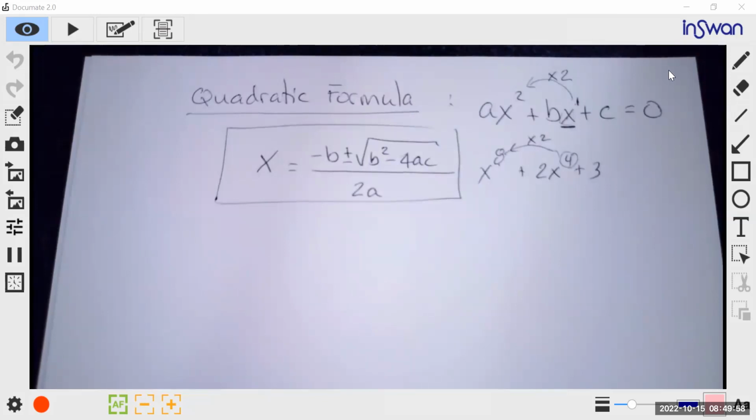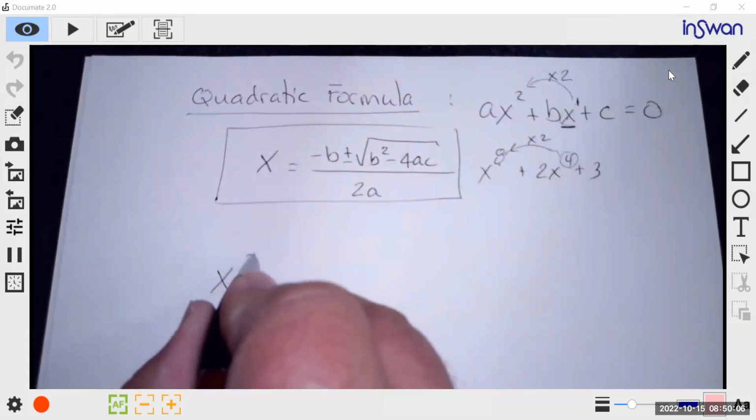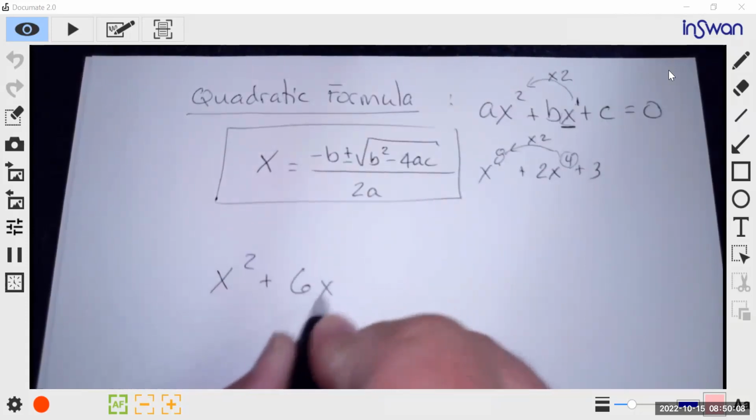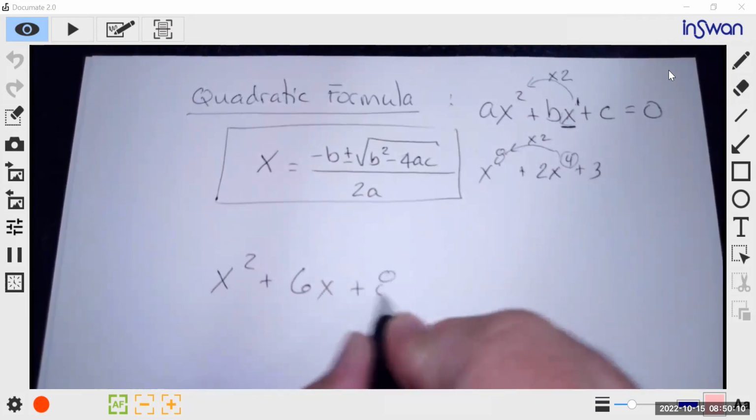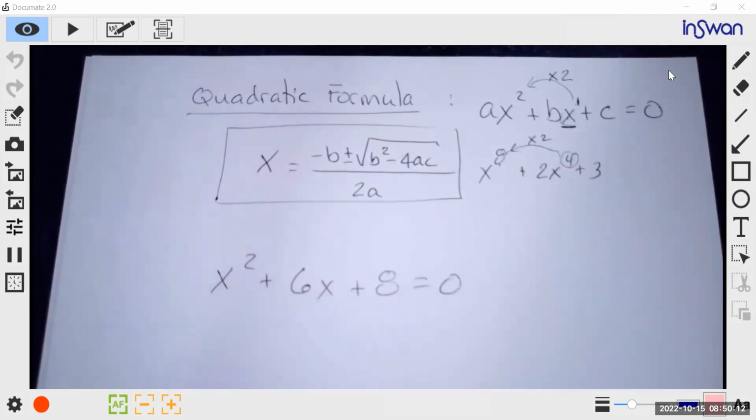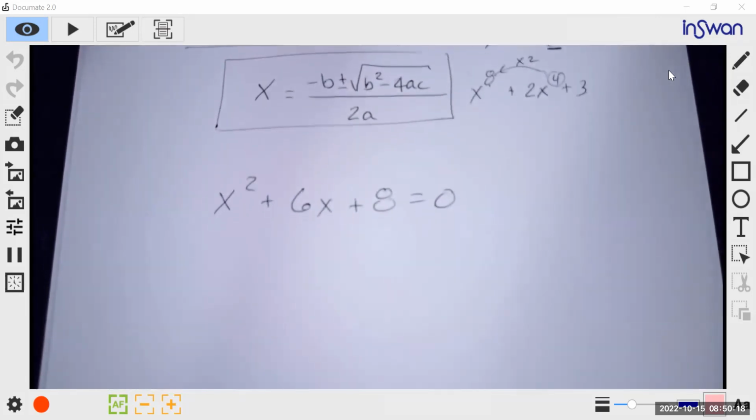And if you're only asked to find the x-intercepts, this is the easiest formula, and it's always going to work. The factoring only works if it's easily factorable. With complete the square, if you have a middle term that's an odd number, then you have fractions, because you have to do b over 2 squared.